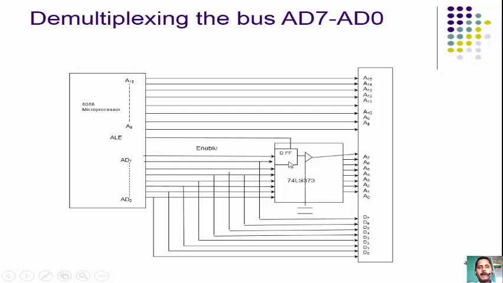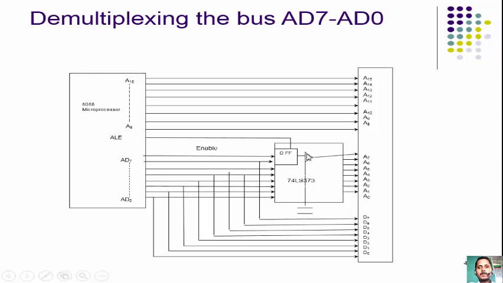Once the address gets latched in the 8 D flip-flops, the same lines can be used for the data communication. So in this diagram we can see the same lines are connected to the peripheral which is available at the right hand side, either memory or any IC. So D0 to D7 lines are connected to the peripheral.